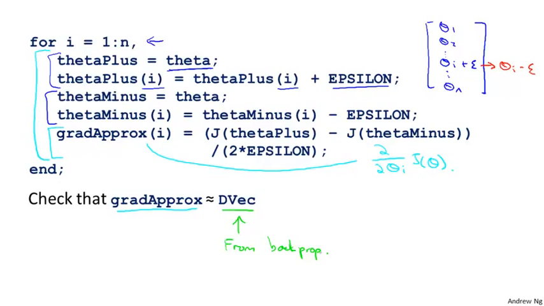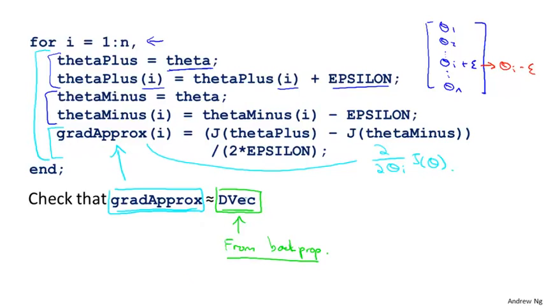And what I usually do is then take my numerically computed derivative, that is this gradApprox that we just had from up here, and make sure that it is approximately equal, up to small values of numerical roundoff, to the DVec that I got from backprop. And if these two ways of computing the derivative give me the same answer, or at least very similar answers, up to a few decimal places, then I'm much more confident that my implementation of backprop is correct.